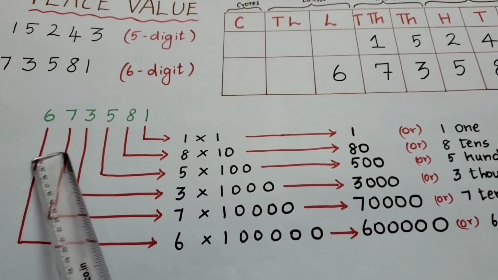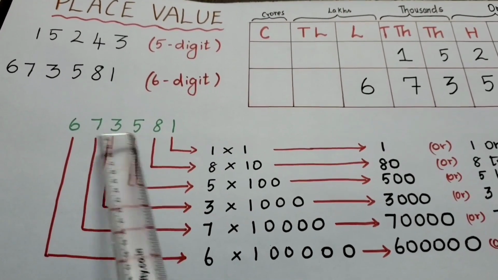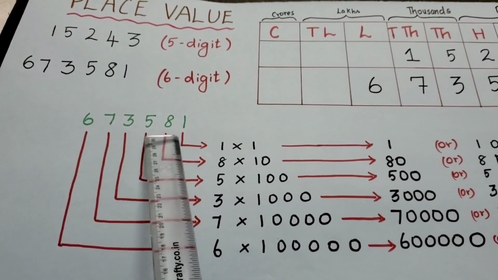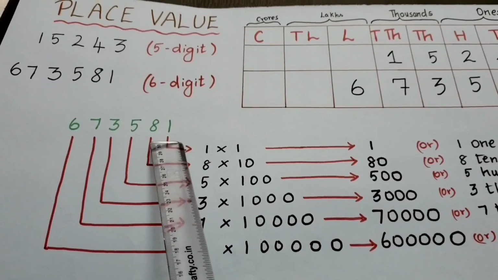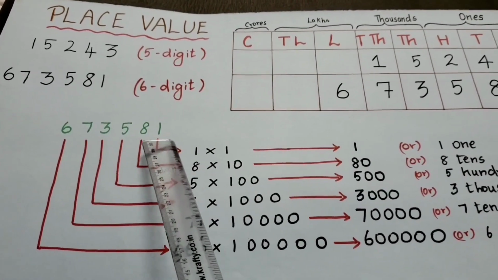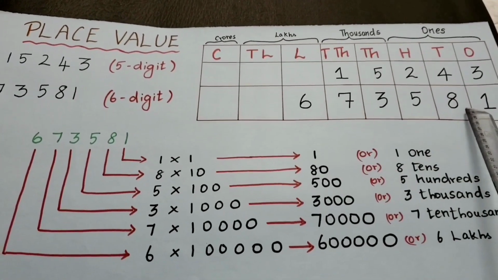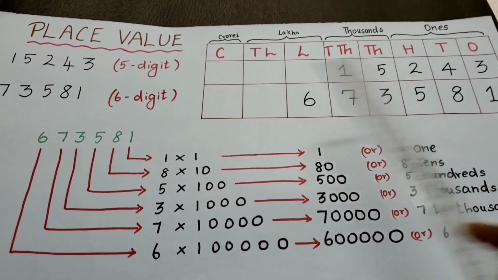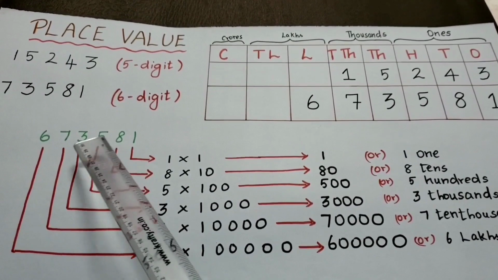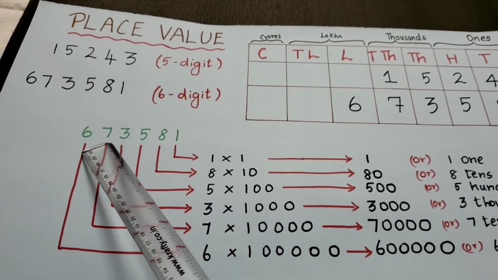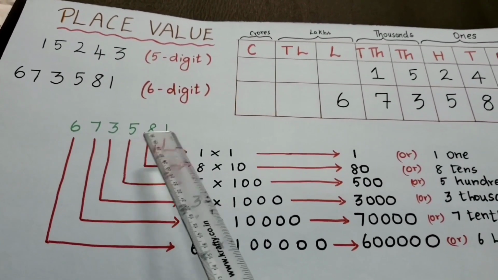Let's see the place value of each digit. Here I have taken this number, 673581. We all know that the place value of 1 is ones. We represent this number in the place value chart: ones, tens, 100, 1000, 10,000, lakh.